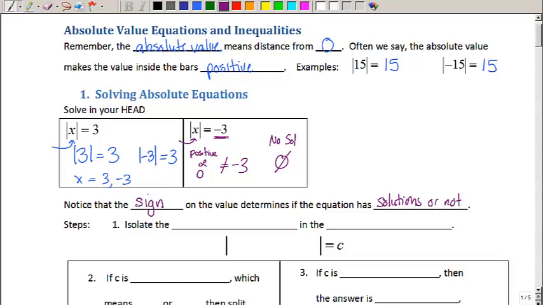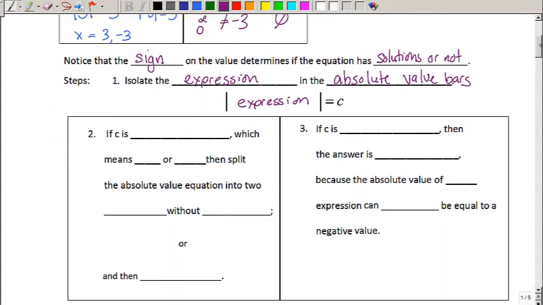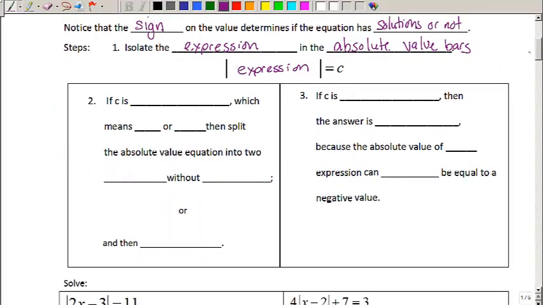The first step is to isolate the expression in the absolute value bars. We would like it to look like expression is equal to some value c. Now we have two cases that we're going to consider.